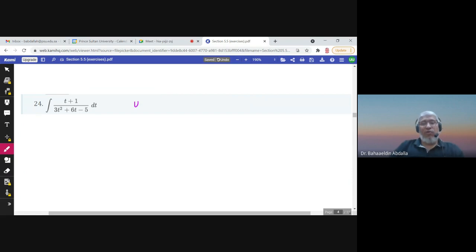I take u, the denominator, 3t squared plus 6t minus 5. du would be 6t plus 6 dt. Well, I have here t plus 1, but if you multiply by 6, then you will have 6t plus 6.